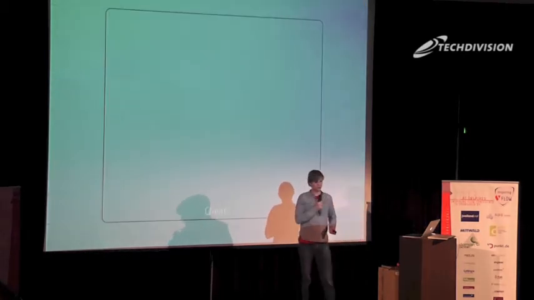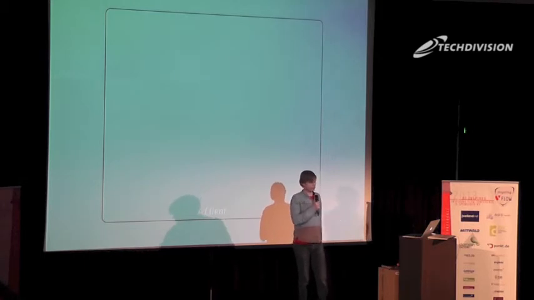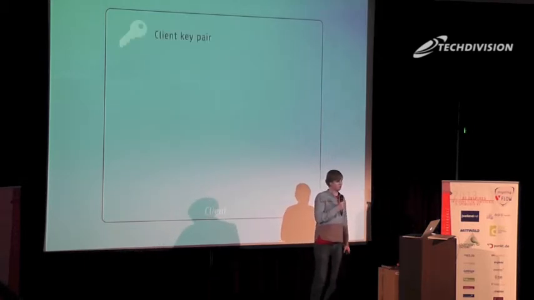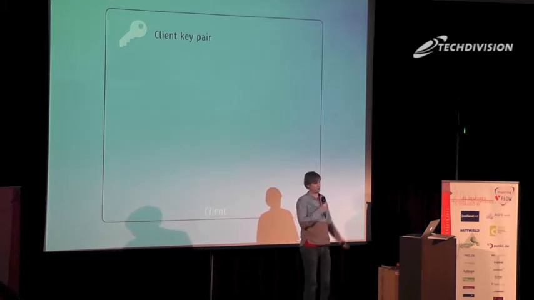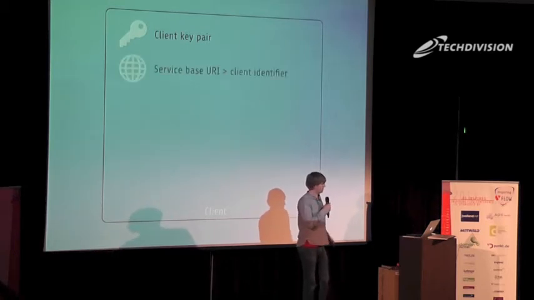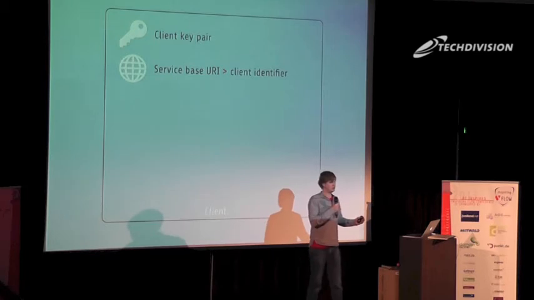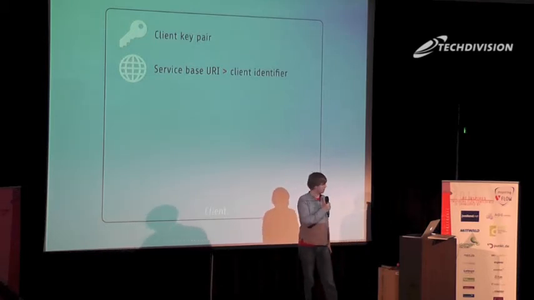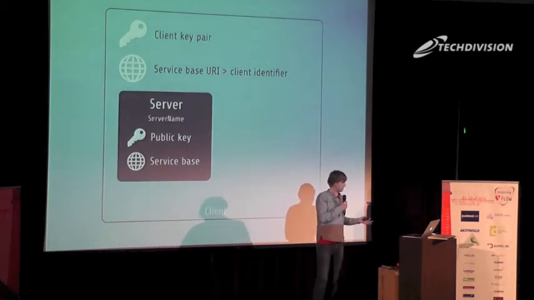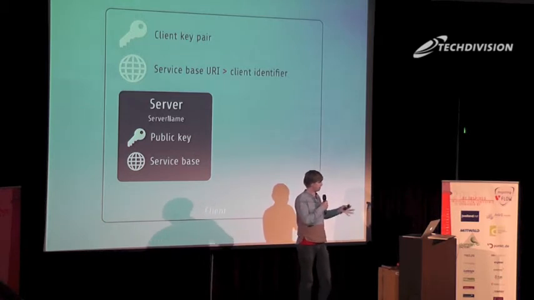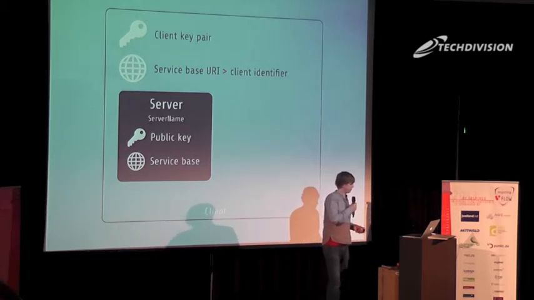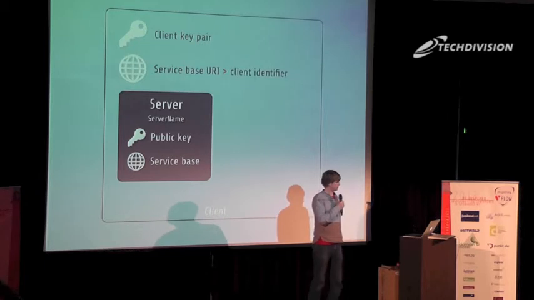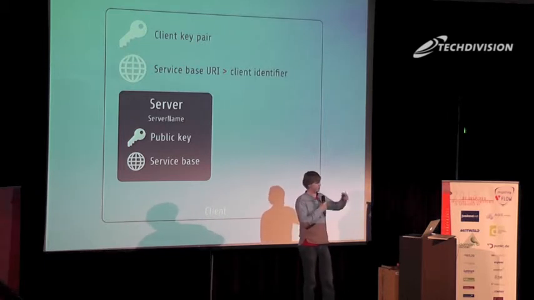So on the client, you install the single sign-on client package and configure a client key pair that can also be generated. And of course, the client needs to know the server for going back to the server for authentication, and you also configure a URI there. And then you configure the server public key, and that's the server service base URI, and up there that's the client identifier.